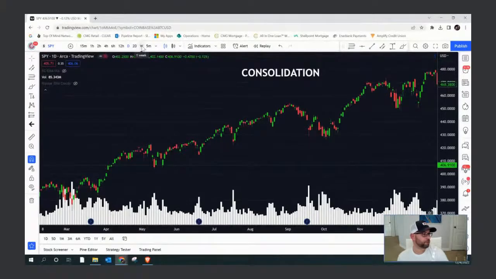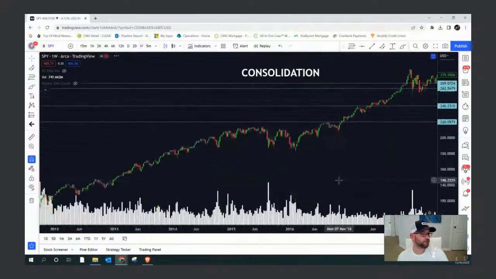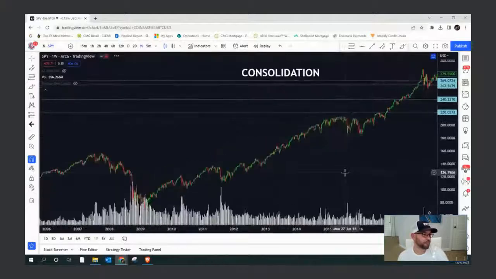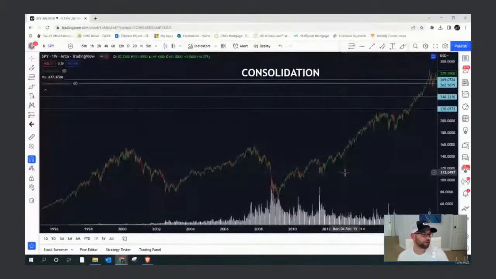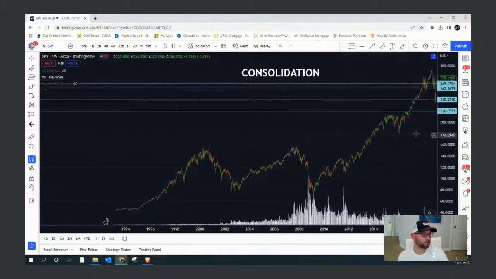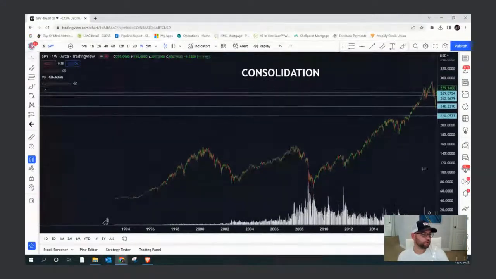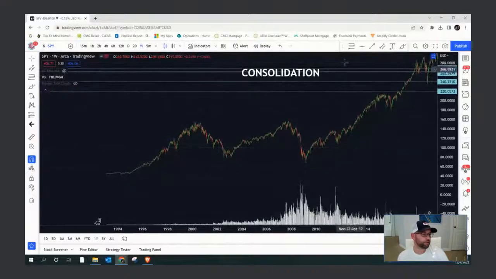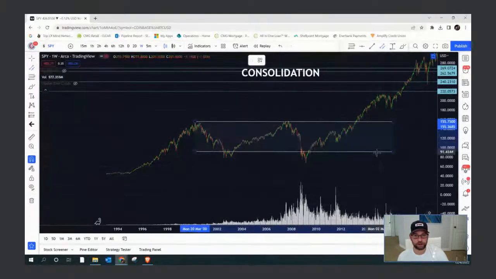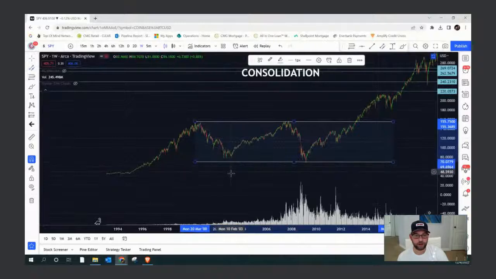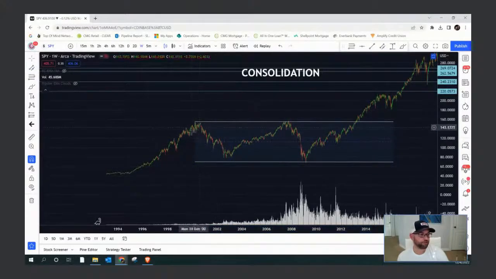There's the daily, here's the weekly. Let's get a good example. Something even as large as this, from here to there, that's years of consolidation.